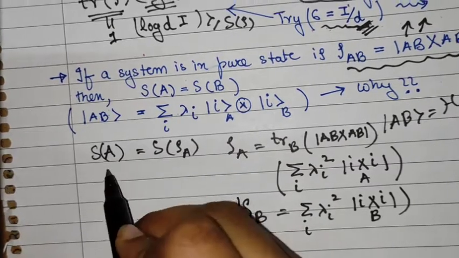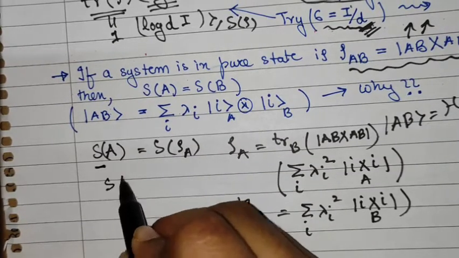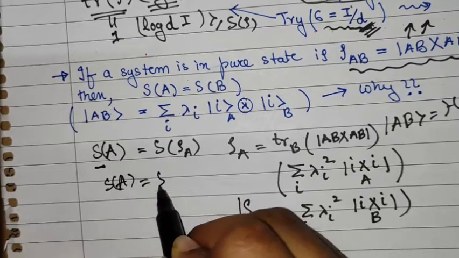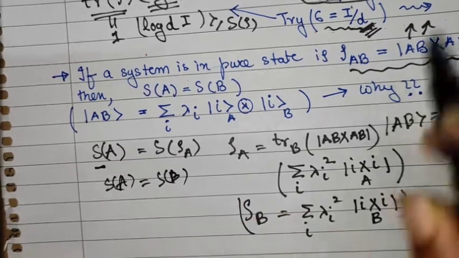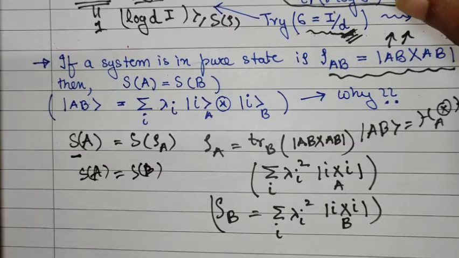Now I have to see whether it is true that S of A and S of B are equal. But this is now quite obvious. Why is it obvious?